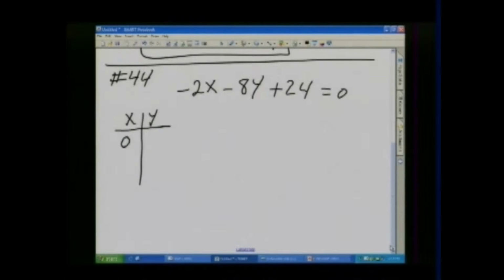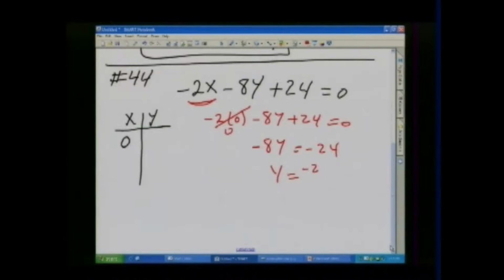If x is equal to 0, here you would have minus 2 times 0 minus 8y plus 24 equal to 0. This, of course, would be 0, so you would have minus 8y equal minus 24. Y, therefore, is equal to minus 24 divided by minus 8. Therefore, y is equal to 3.